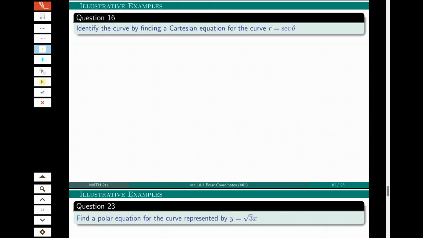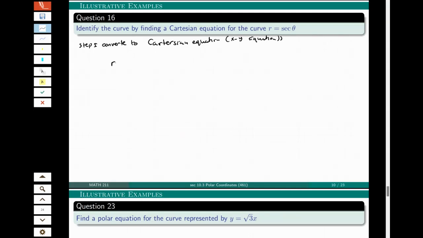Now, here it says identify the curve by finding the Cartesian equation. First, convert it. He means step 1, convert to the Cartesian system, which I mean the XY equation.